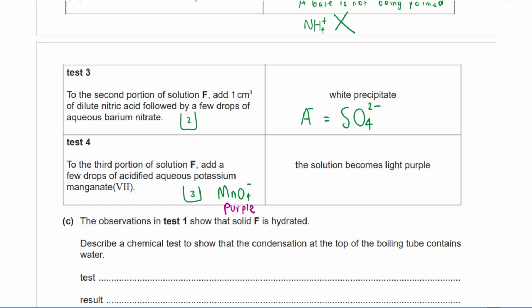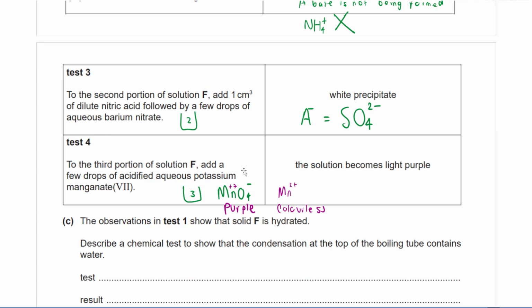So when we add this ion to a solution and the solution stays purple, it is because this ion didn't have any effect on the solution. Remember that this is a very strong oxidizing agent, and this normally reduces to Mn2 plus, because this is plus 7 here, and it reduces to 2 plus, and this is colorless. So this test actually does not give me any information.